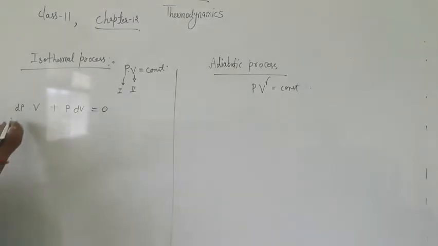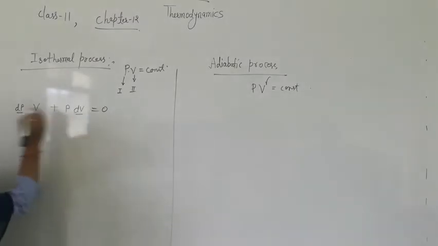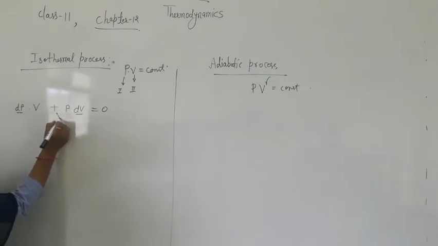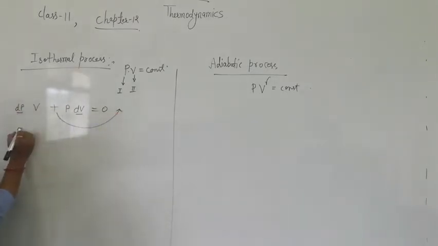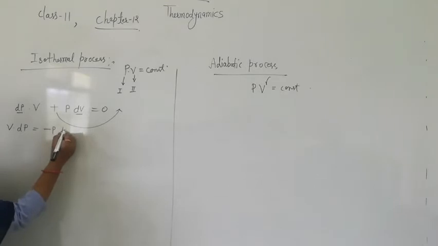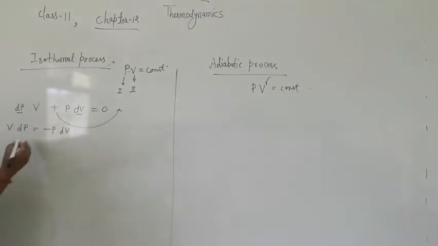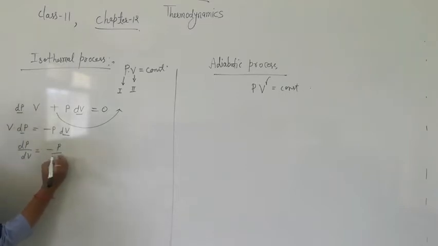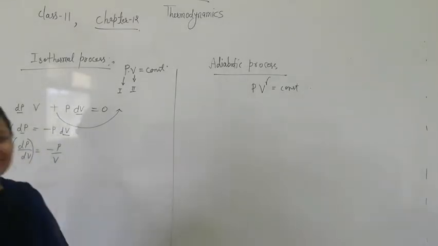Then what do we do here? We shift the dP and dV terms. So dP times V is equal to minus P dV. Then dP upon dV is equal to minus P upon V. dP upon dV is the slope of the curve.